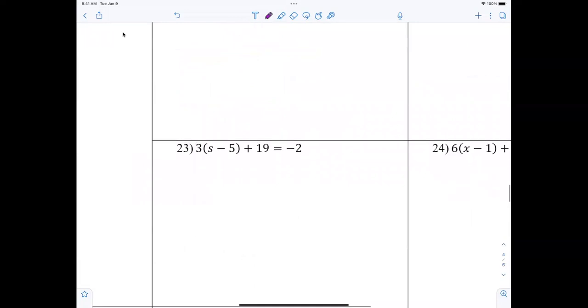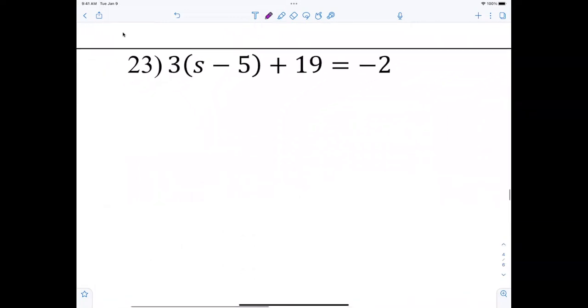All right, next, go. Okay, so you do 3s minus 15. Nice. Now what?